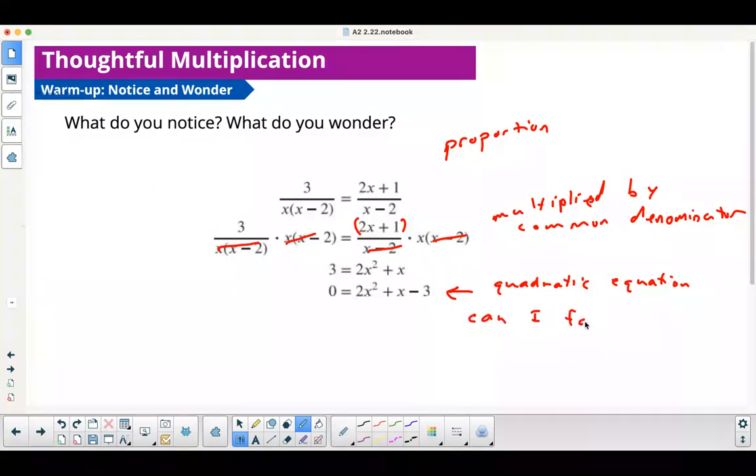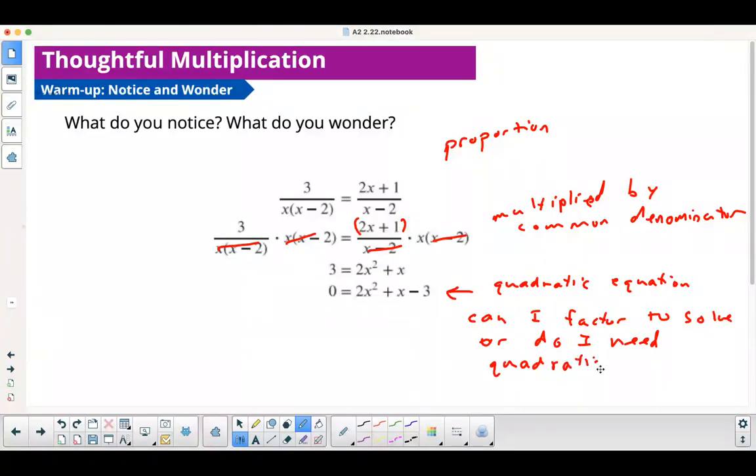So I wonder, can I finish it? Can I factor to solve? Or do I need to use the quadratic formula? I would also notice here at the original one, x cannot equal 0 or 2.